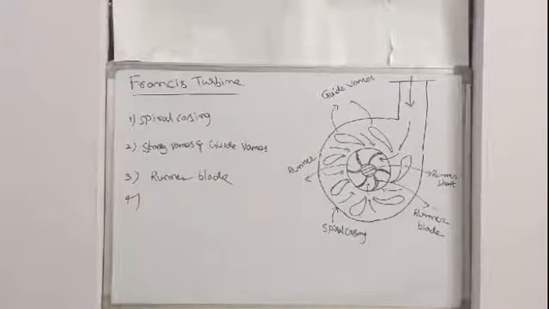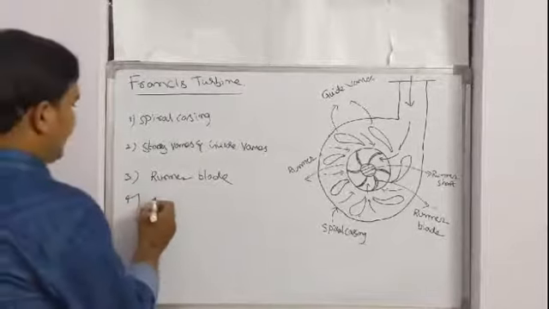These are the main components of any Francis turbine. The last one is the draft tube.